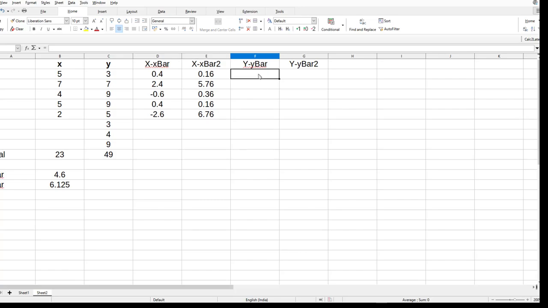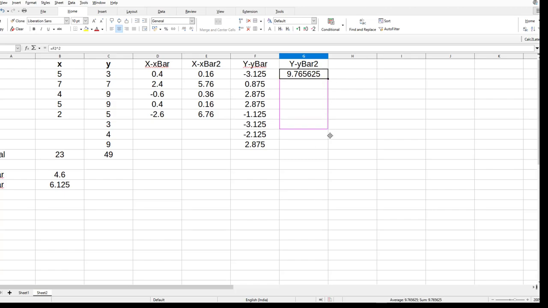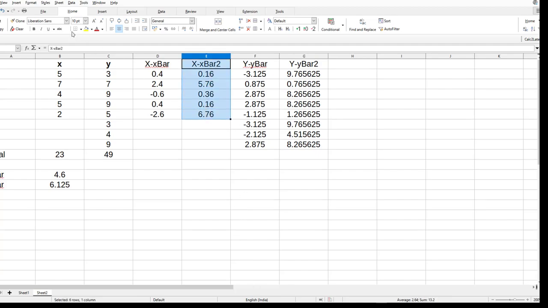Similarly, what is y minus y bar? Y minus y bar equal to this y, that means 3, minus y bar is 6.125, right? So these are the values. This is not needed, and this one will be the square of these values, minus 3.125 square, which gives 9.76. And right now we need the total of this column and we need a total of this column, right?